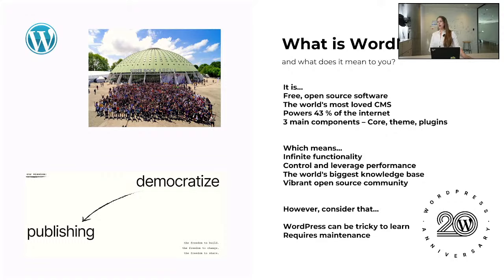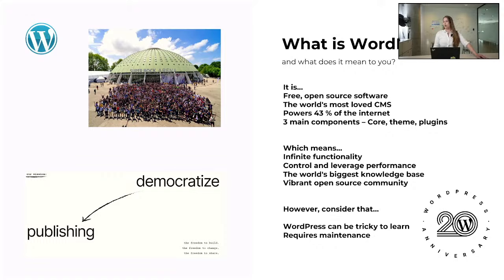You also have excellent opportunity to control and leverage your performance. As opposed to using a different CMS that allows you to build a beautiful website fast, with WordPress you can actually actively work on how it performs online. For example, you can control how fast your website loads in a number of different ways.